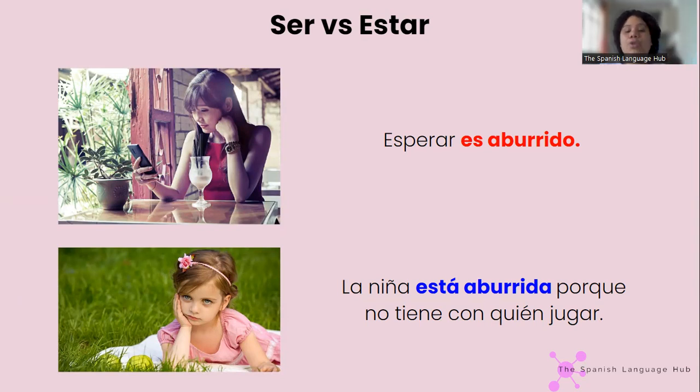Now, when we say está aburrida, it means that she is bored. La niña está aburrida porque no tiene con quién jugar. So the girl is bored because she doesn't have anyone to play with, right? So here, I'm not saying that she is boring. I'm not saying that the girl is boring and that she's not fun. I'm saying that she is bored right now because she has nothing to do.